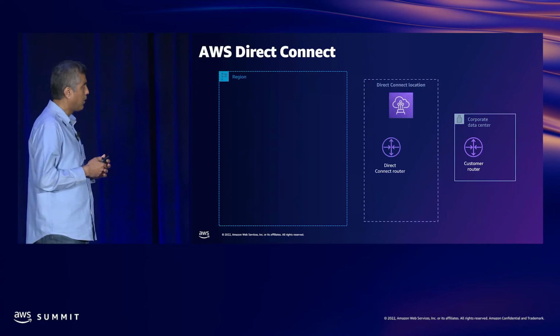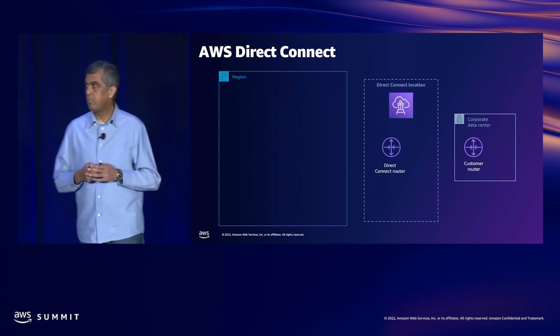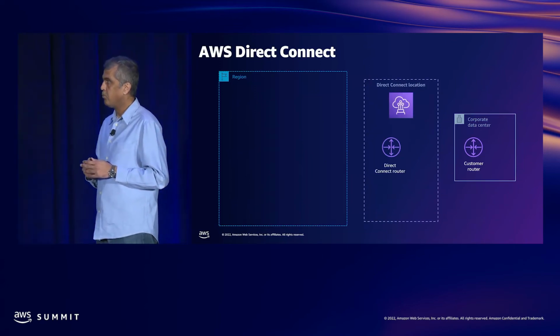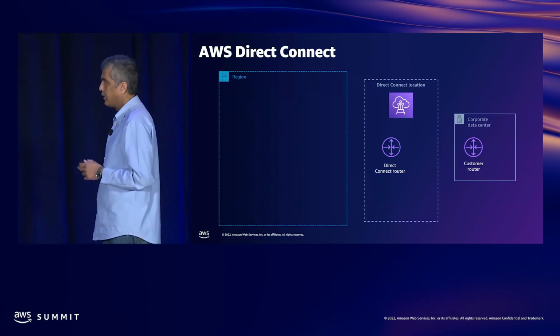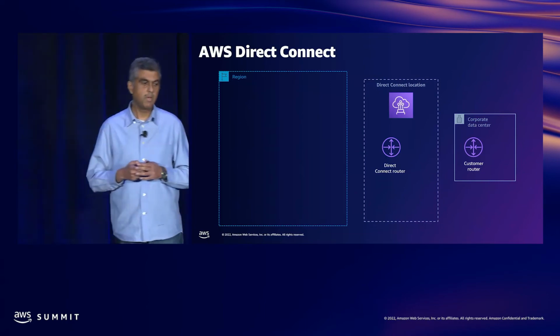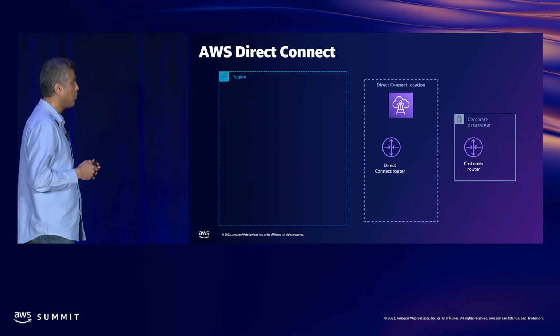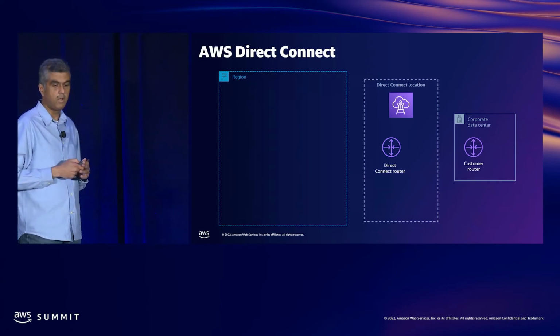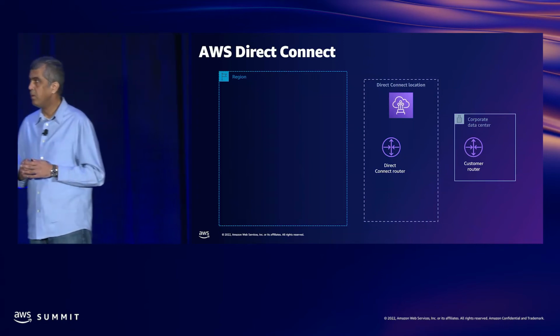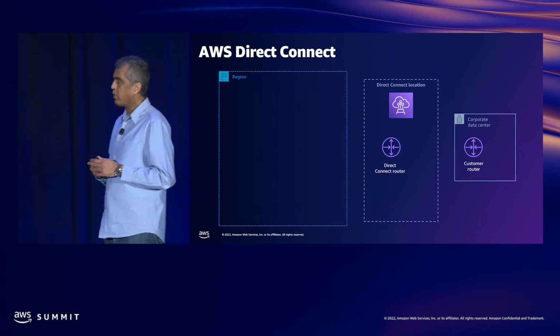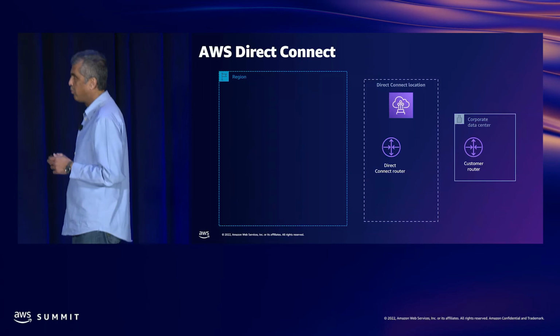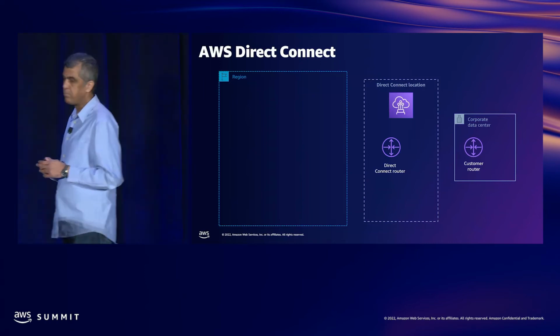We offer AWS Direct Connect, and AWS Direct Connect allows you to privately connect using physical fiber cable, fiber connectivity via many of our partners as well as our Direct Connect locations that are available globally. You pick a location that is closest to your data center, wherever that might be.